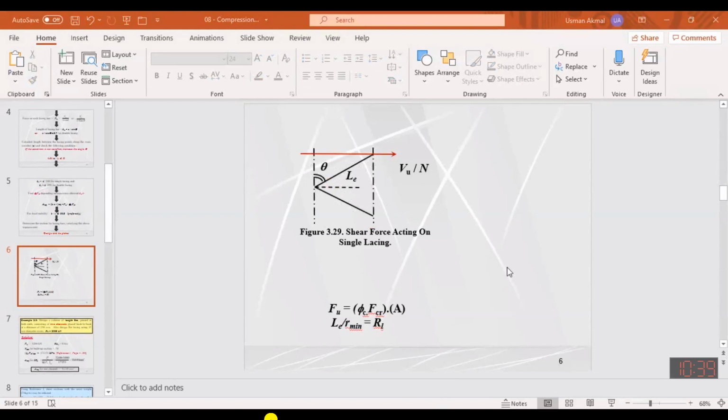Please raise your hand. What is the distance between this center line and this center line? That is the S value.